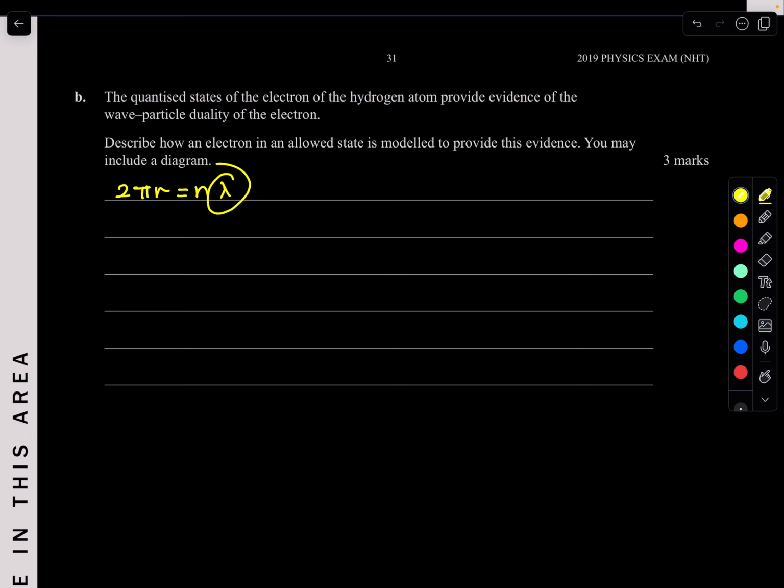And if we have discrete, or certain, wavelengths that are allowed, then because wavelength relates to energy through hc over lambda, this also tells us that your energy must also be discrete.